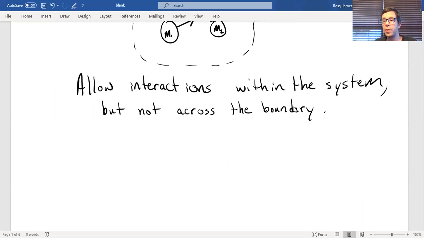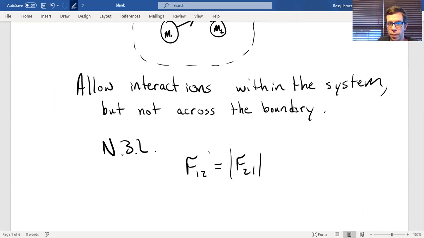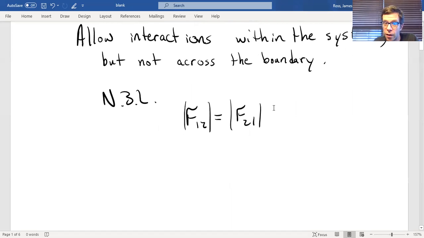So the only thing that they can interact with is each other, because they can't interact with anything across the boundary. And we know by Newton's third law that the force on 1 due to 2 is equal to minus the force on 2 due to 1. And let's apply Newton's second law to that. So we have m1a and m2a.